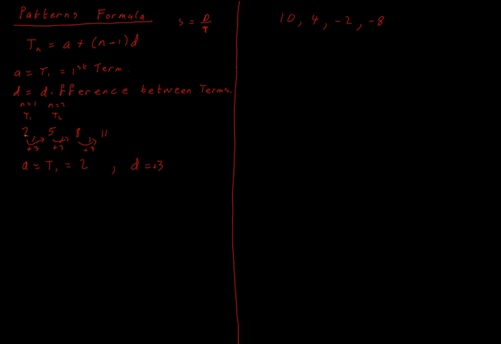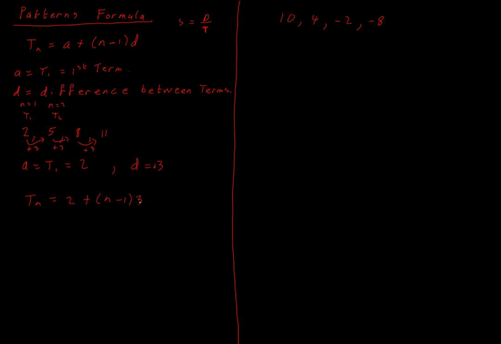So if I want to find the rule that will give me any number in my list, any t in my list, I'm going to write down Tn is equal to A, which I have found is 2, plus bracket n minus 1 close bracket, and D is 3.